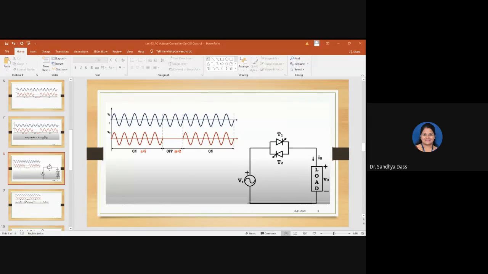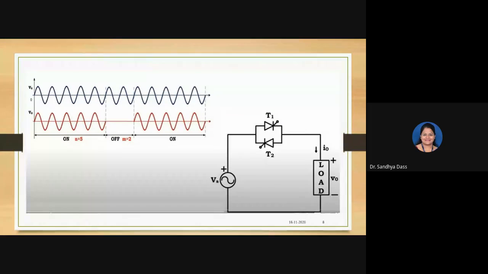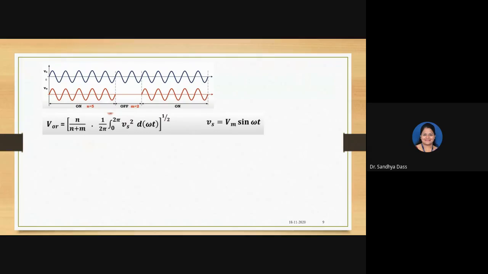So the parameters we are interested in for this particular power circuit. The first parameter here is the VRMS. VRMS is represented here as V naught R, where R stands for RMS output voltage, obviously about the output. This is the expression for VRMS. You know the RMS value is always taken under a square root.